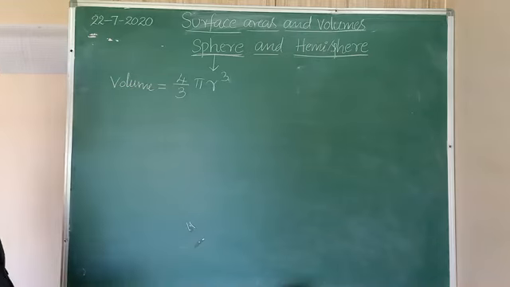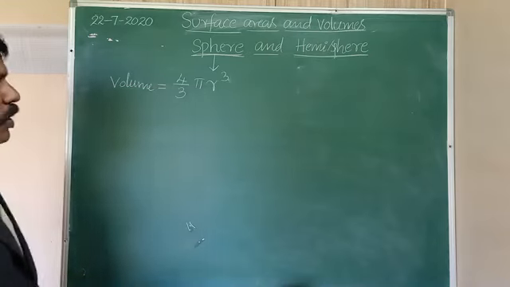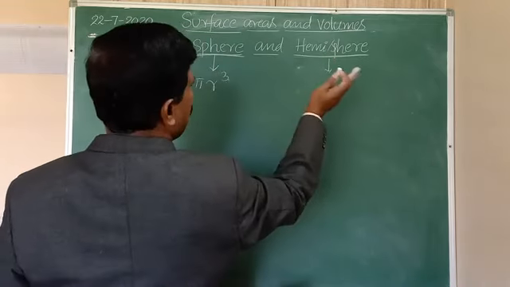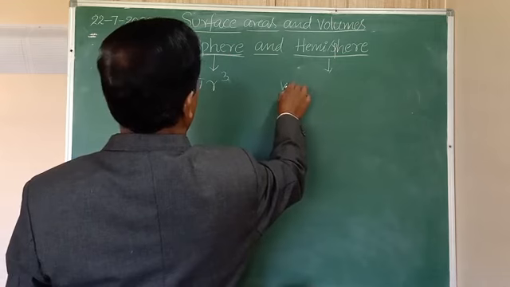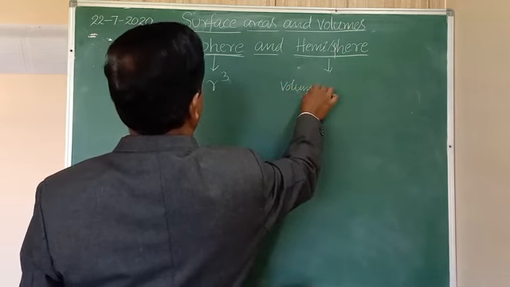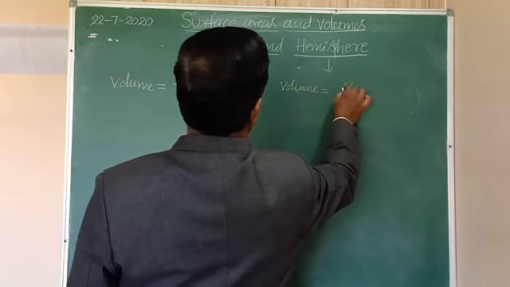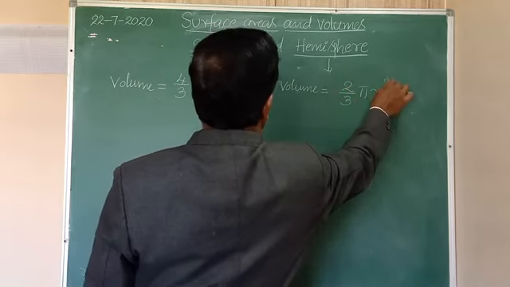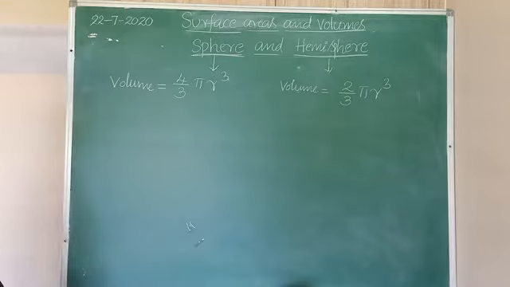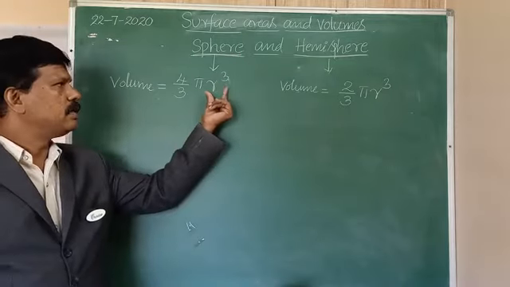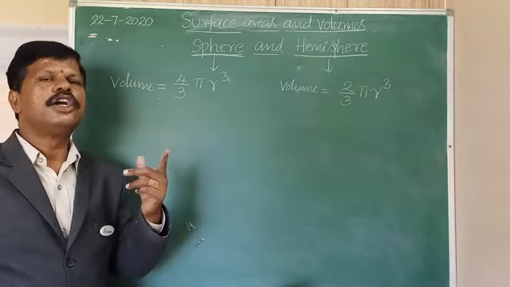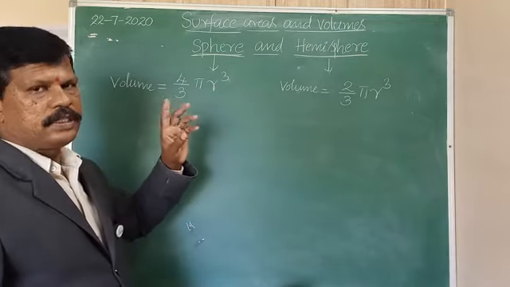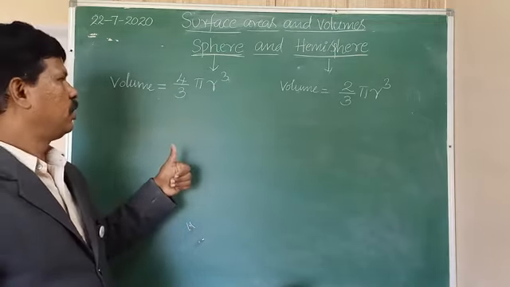Volume of a sphere is 4 by 3 pi r cube, whereas the volume of a hemisphere is half of that. Volume of hemisphere is equal to 2 by 3 pi r cube. Only in this we are getting r cube, radius of the sphere, which is in cubic units.